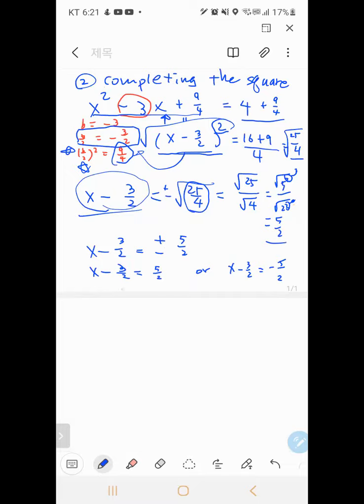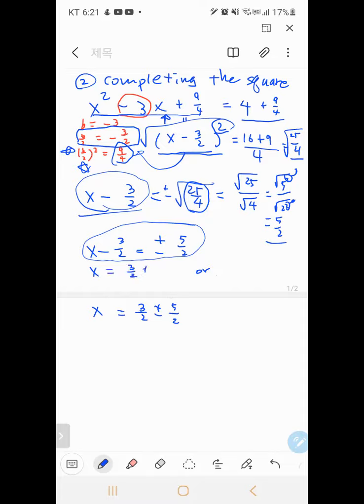Okay, that is actually a little bit confusing, so let's rewrite this in the format that we want. So we're adding 3 over 2 on both sides. So we can have 3 over 2 plus minus 5 over 2. And now we can just say x is equal to 3 over 2 plus 5 over 2, or 3 over 2 minus 5 over 2.